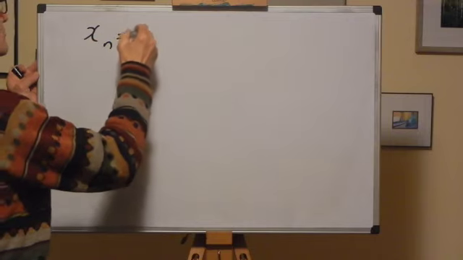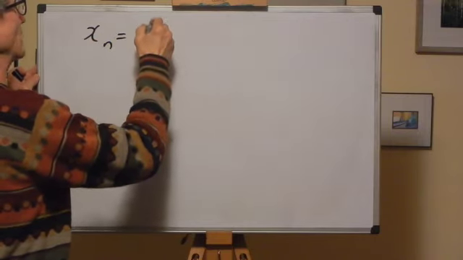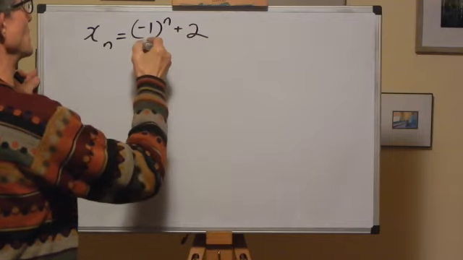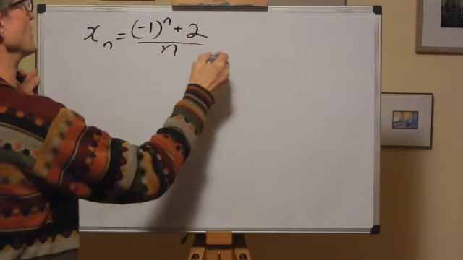Here's our third example of a sequence. xn is equal to minus 1 to the n plus 2 over n.